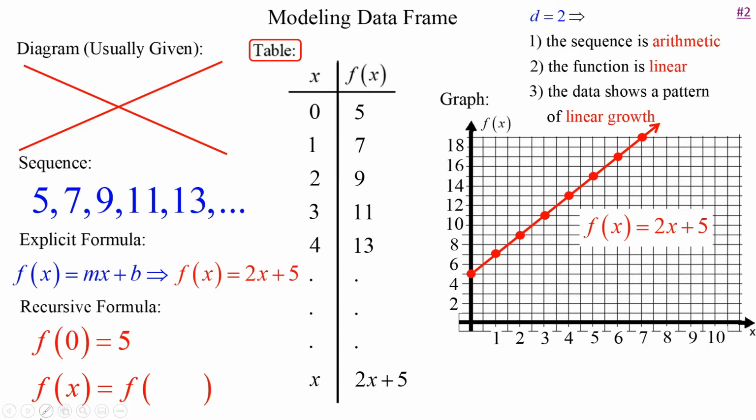And then f of x equals f of x minus 1, our previous term. And what do we do to the previous term every time? Looks like we're adding 2, and that is our common difference, 2. So let's add 2. And there's the models for fill in the pool.